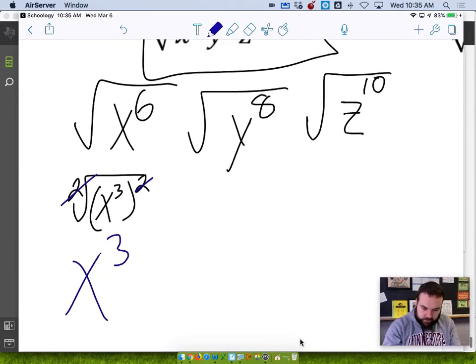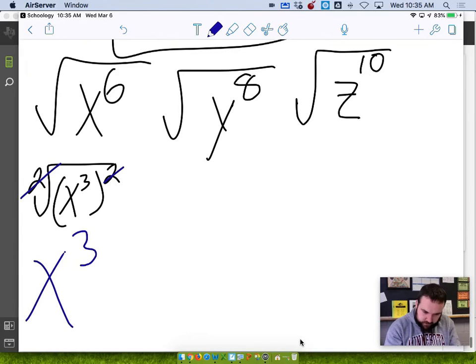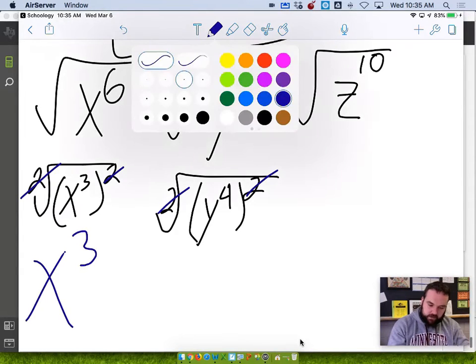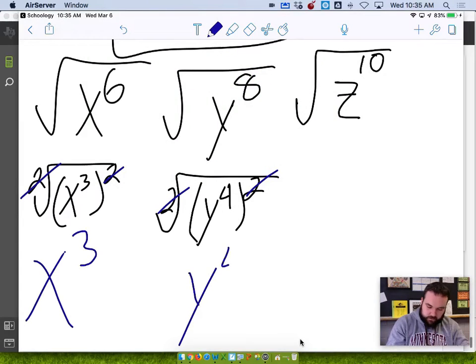If I write out this next one the exact same way, I've got the square root of y to the fourth, which would then be raised to the second. I can then cancel out the 2's, and I get just y to the fourth.